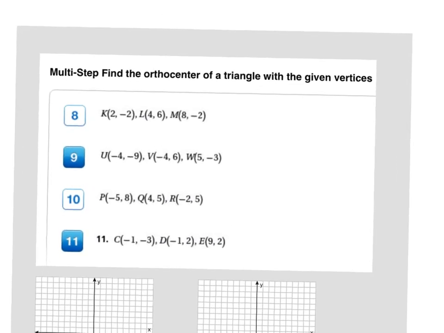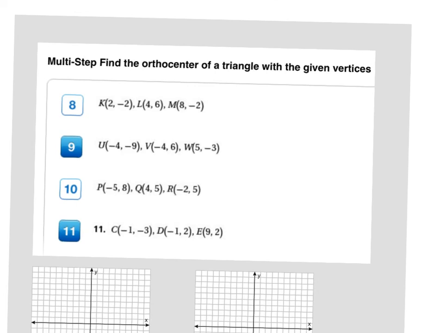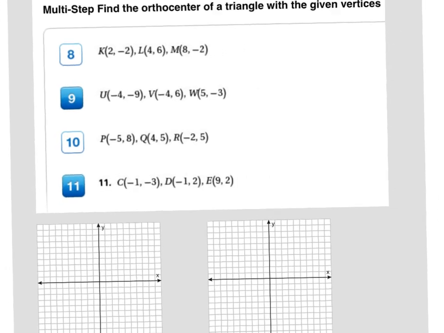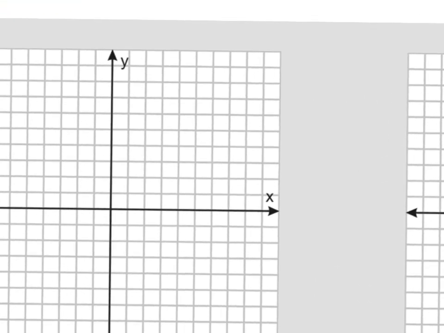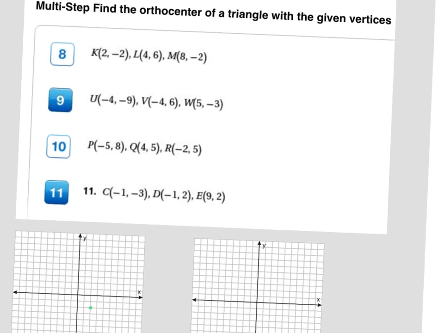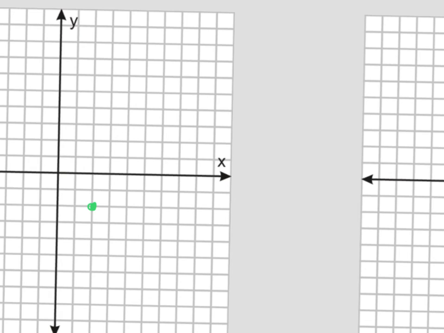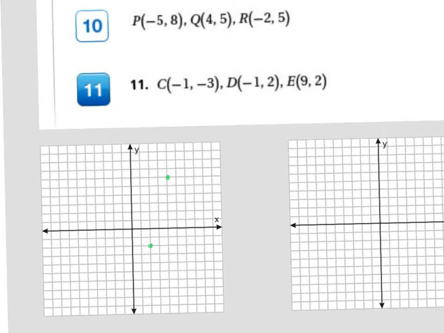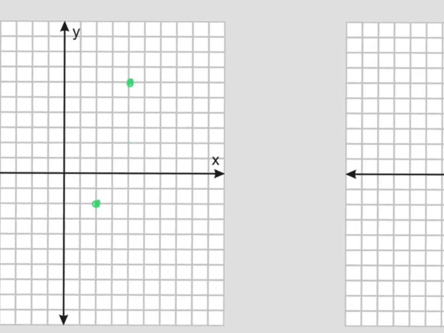Okay, and then this is the deal with the orthocenter. So we said with the orthocenter, we would be plotting points and finding the altitude, right? So if I start with (2, -2), and I go to (4, 6), and (8, -2), and I draw my triangle.